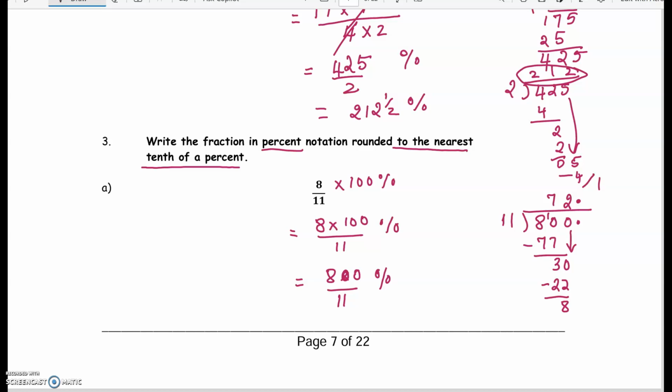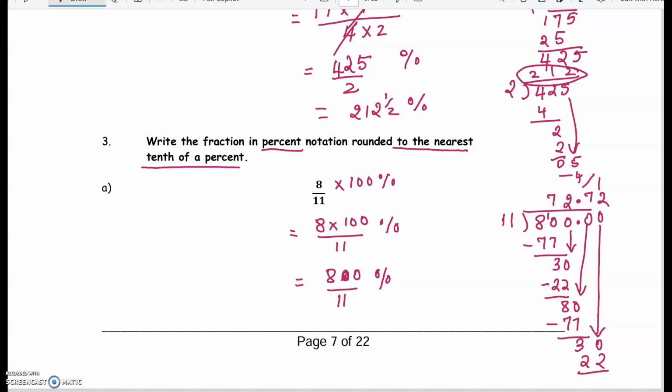It says round to the 10th place. After the decimal point, we can add any number of zeros. So bring the 0 down. 11 sevens are 77. Subtract. Eleven twos are 22.